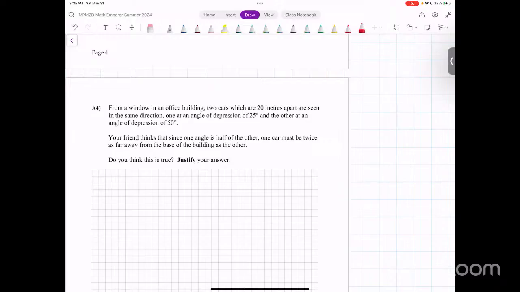Draw the diagram. If you don't draw the diagram, you can't visualize the problem. Anaha, are you working on drawing the diagram?